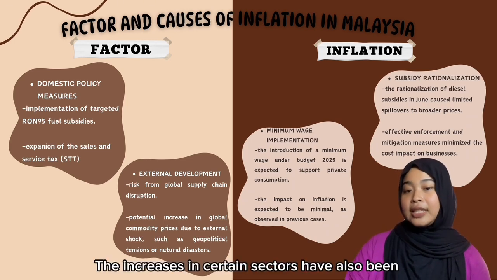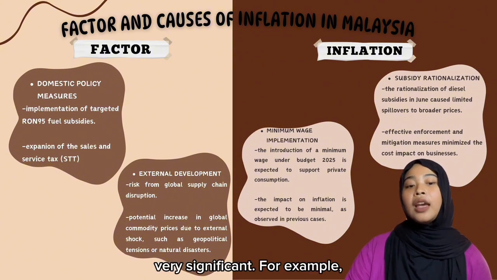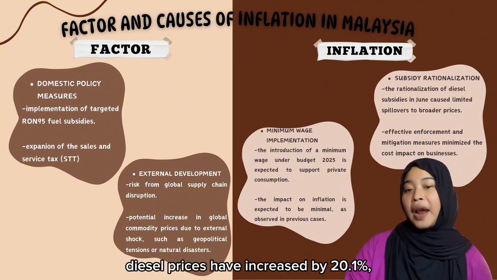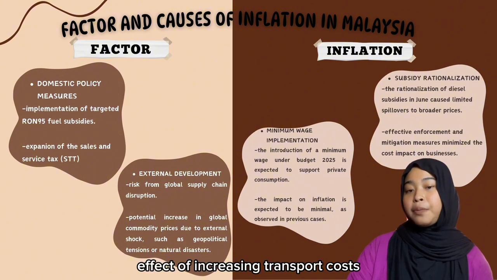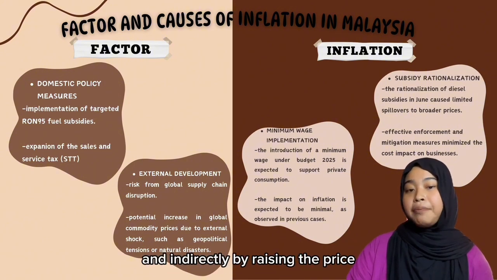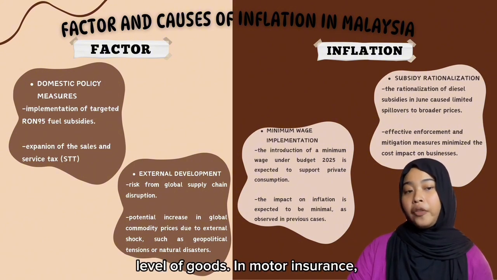The increase in certain sectors has also been very significant. For example, diesel prices have increased by 21.20%, and this has had the direct effect of increasing transport costs and indirectly raising the price level of goods.